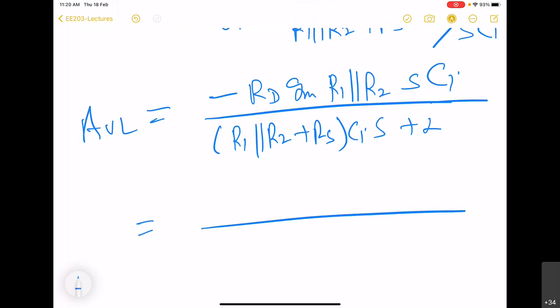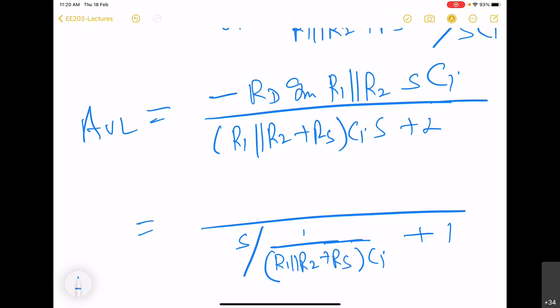So here we can write s divided by 1 by R1 parallel R2 plus RS into Ci, plus 1, and in the numerator we have minus GM RD R1 parallel R2 Ci and s.